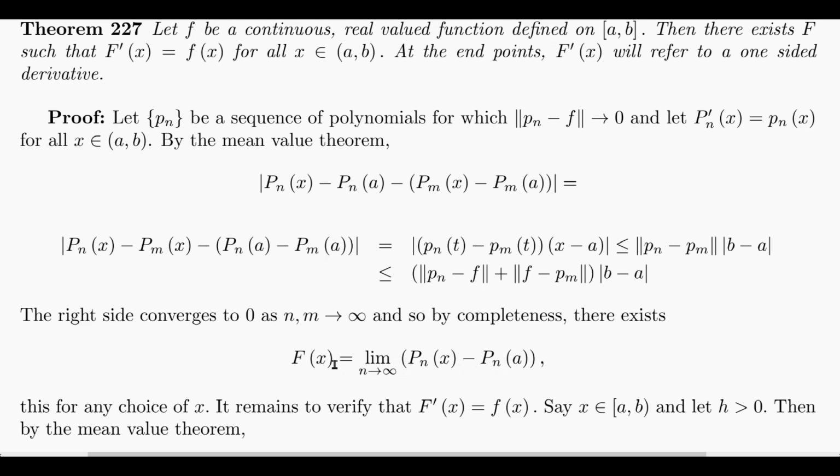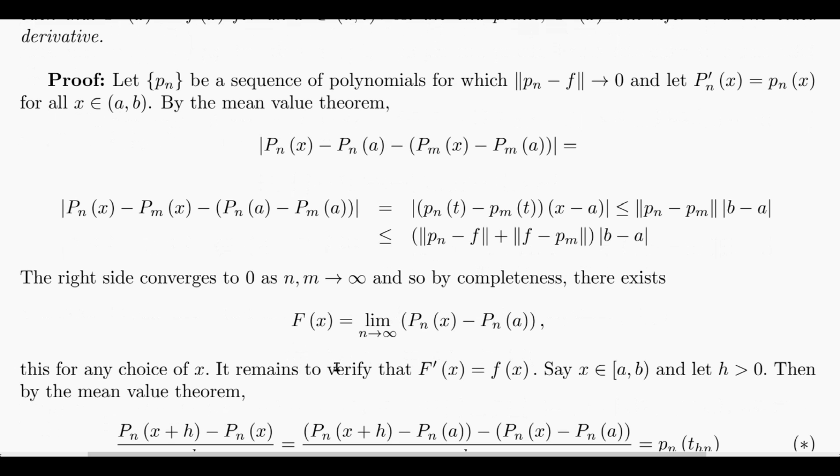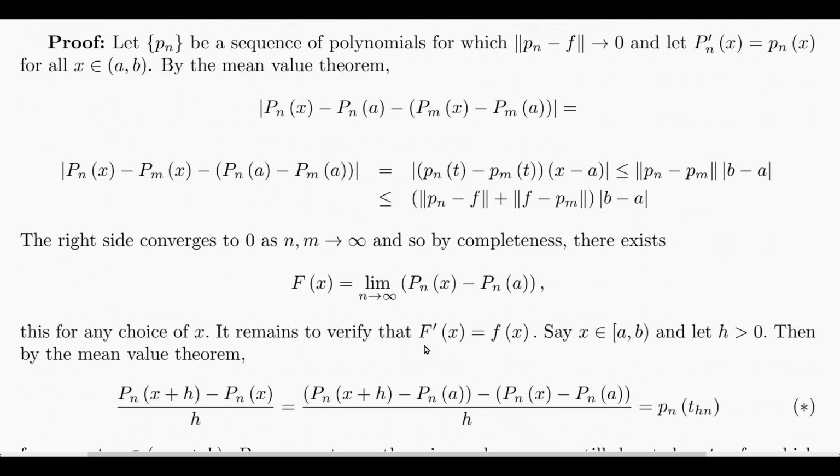The thing it converges to I will denote as capital F of x. And you see this is carried out for an arbitrary x in the closed interval. So now I've defined a function on the closed interval, and what I need to do now is show that in fact it is an antiderivative for the function little f.